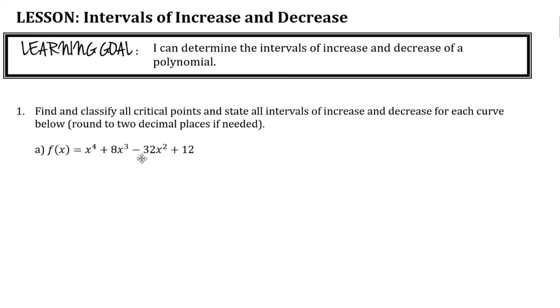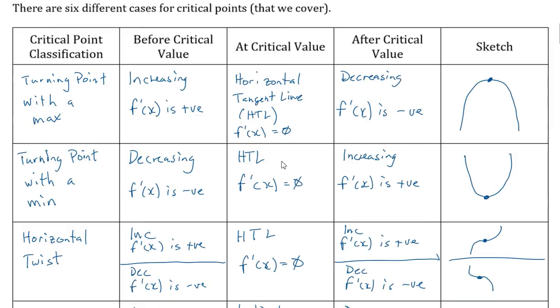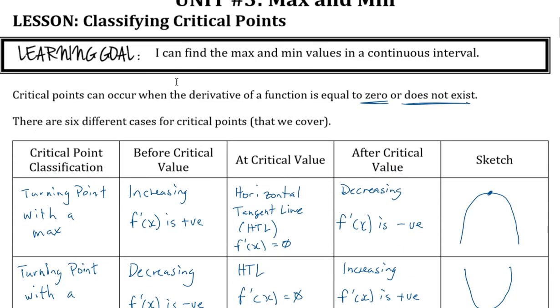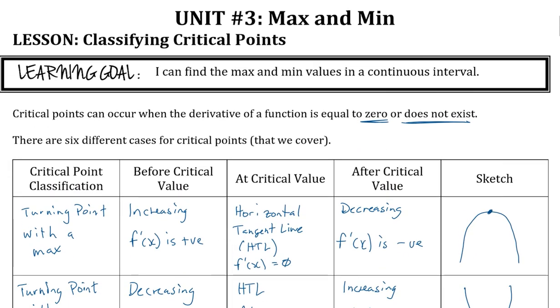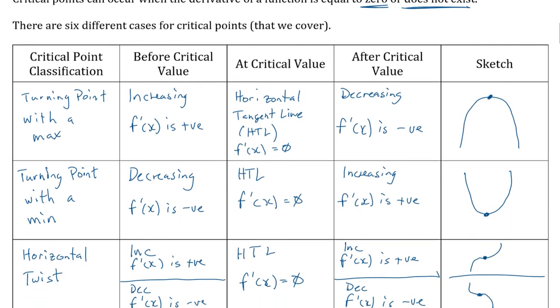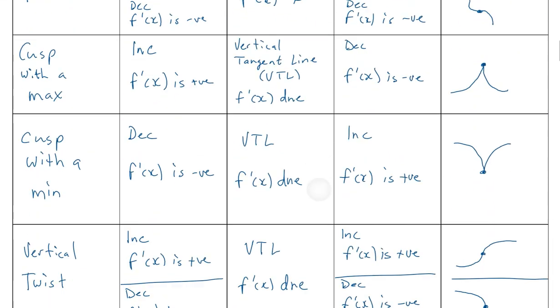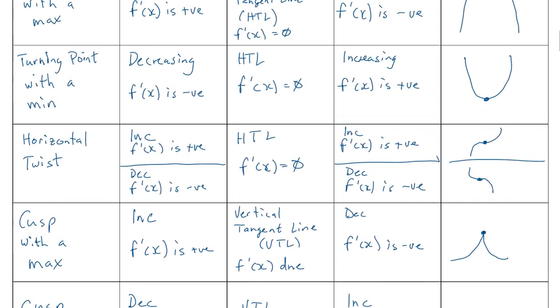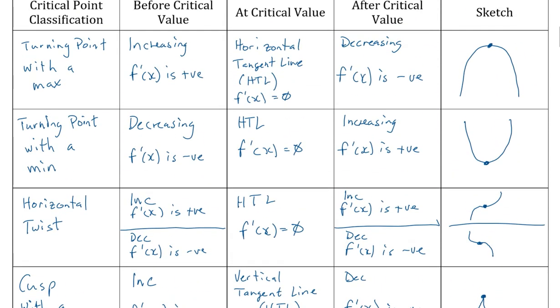So that's a big part of the unit, obviously. And what this lesson is about is actually very similar to the first lesson of this unit, which goes back to this idea of classifying critical points. And we had these 6 different ways that we classified critical points based on the derivative.